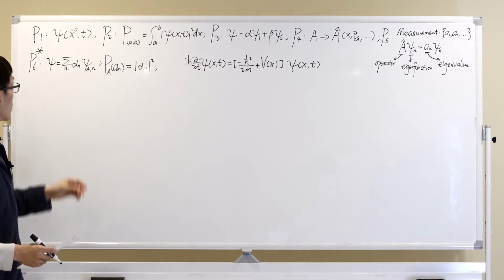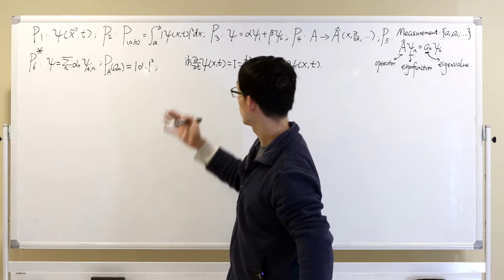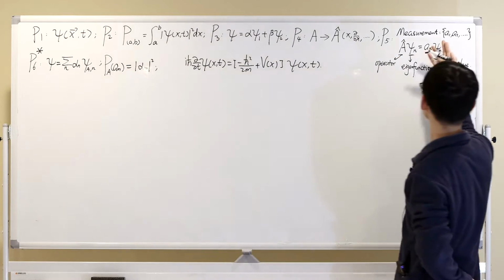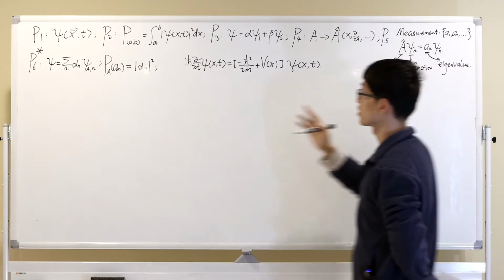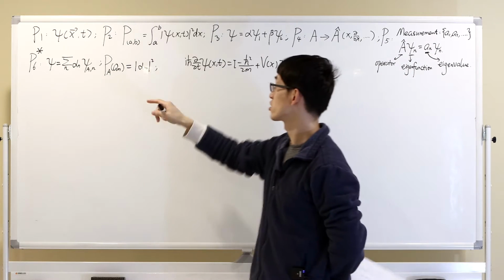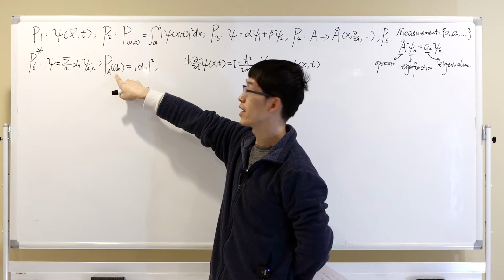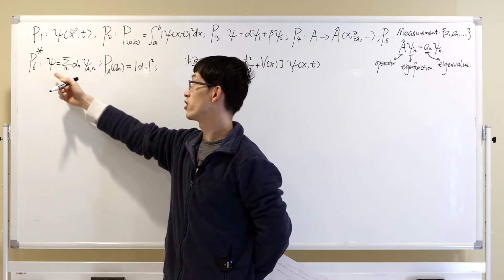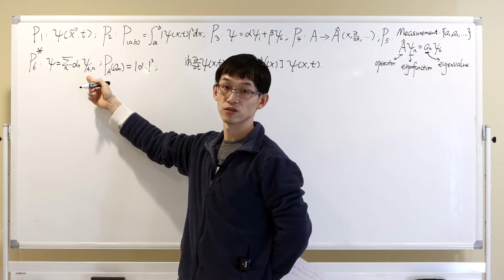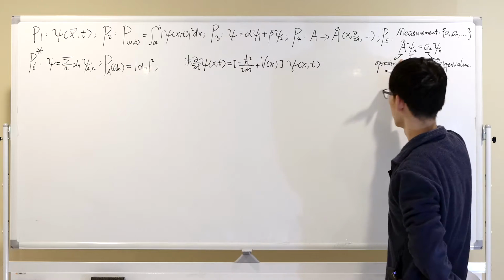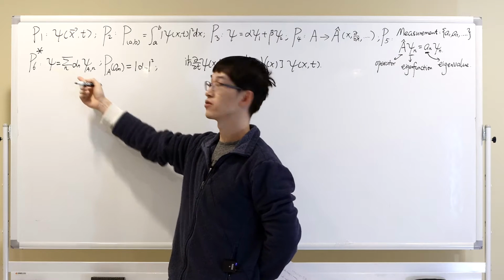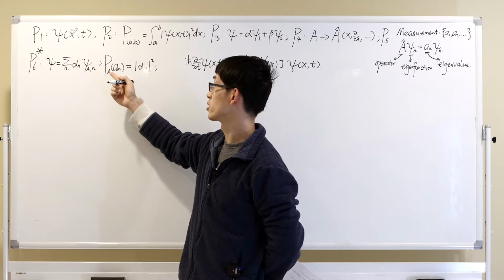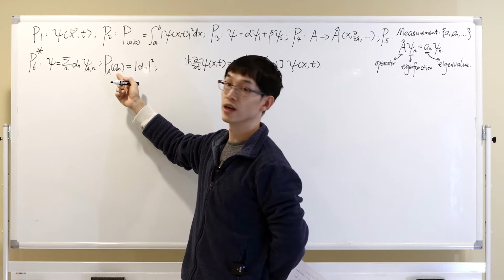Number 6 is that given a wave function, now you want to measure A. You know the eigenvalues, but what is the probability of measuring a specific value, for example, A_m? The way to do that is to expand your wave function in terms of the eigenfunctions of A. Then the coefficient in front, its amplitude square, will give you the probability of measuring A at the value A_m.